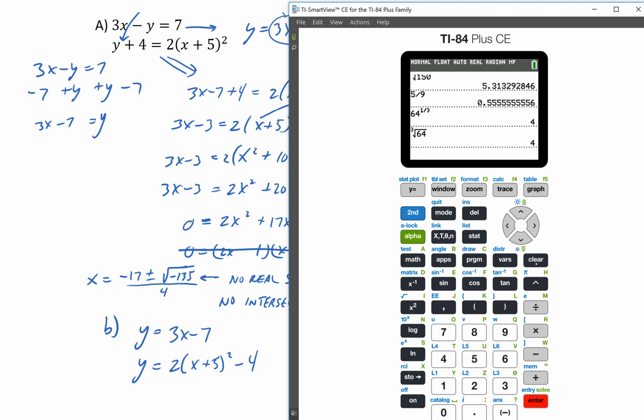So we're going to have y equals 3x minus 7, and y equals 2 times x plus 5 squared minus 4.